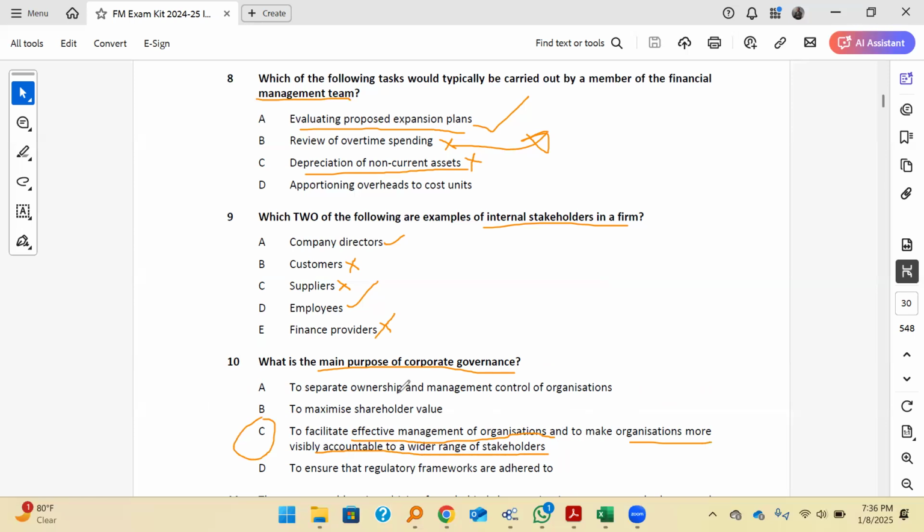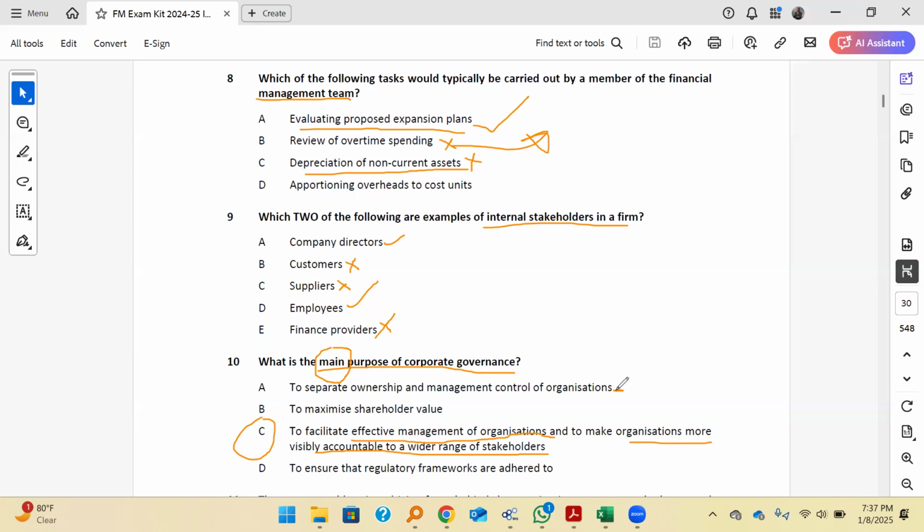Now, when they say main, you have to realize, and I'm giving you this as a technique for answering multiple choice questions in Sections A and B, that when you see the so-called qualifier words, like, for example, always, main, not, and others, you need to read the statements carefully, because when they don't say main purpose, you can see that this is actually a purpose. Because corporate governance, at its core, looks at how you manage organizations.